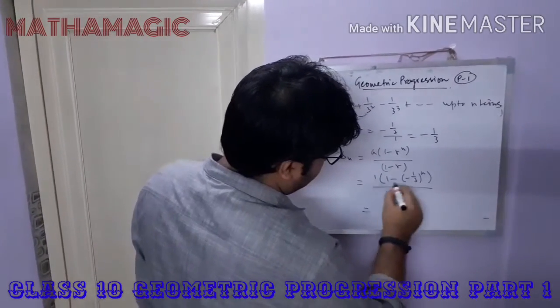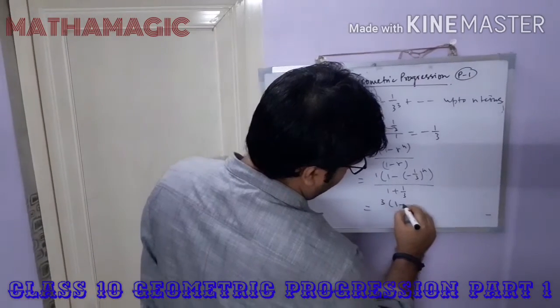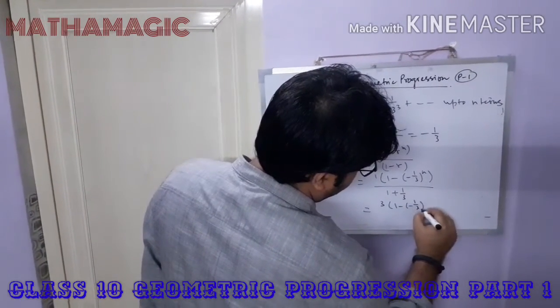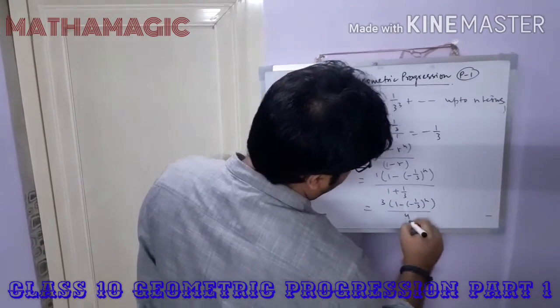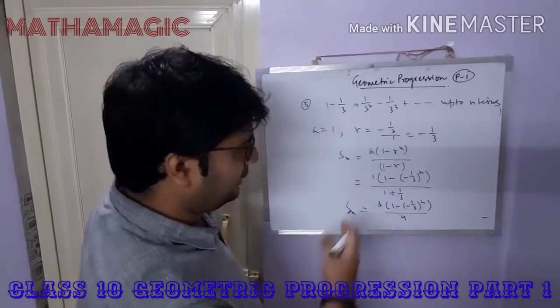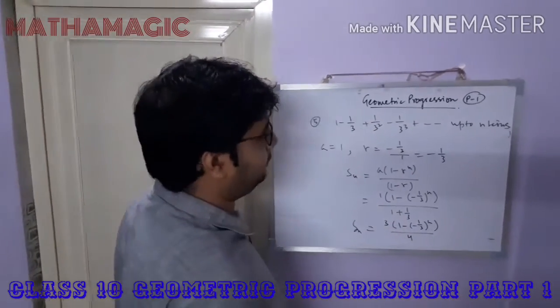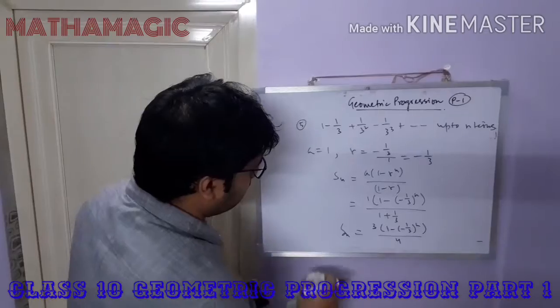So it will be 4 by 3, that is 3 by 4, so 3 into 1 minus of minus 1 by 3 whole to the power n divided by 4. This is the sum of this series. So it is so simple like this. No need to get confused by seeing this plus and minus. So please note it down.